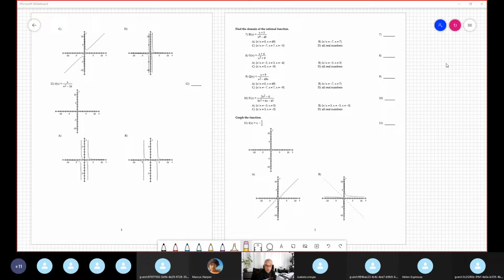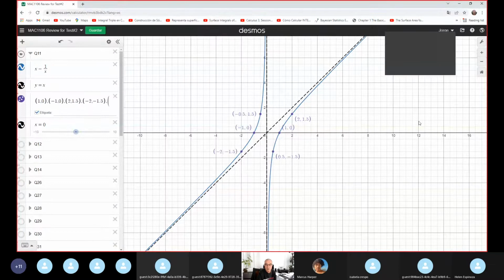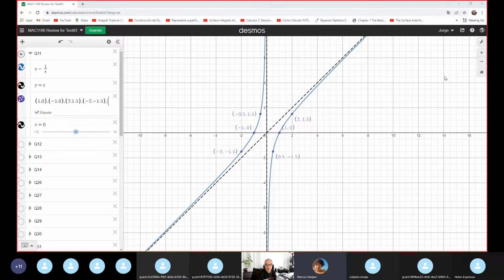Do you want to see Desmos's page again, to get some idea of how the answer looks? Yes. Okay, no problem. Unfortunately, I cannot show you both simultaneously. Do you see Desmos? Yes, I see it.